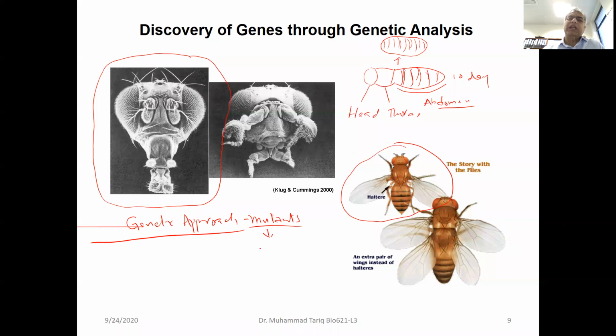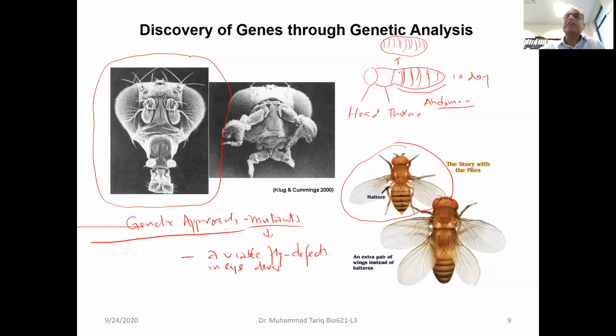Our ideal mutant is a viable fly, a living fly, viable fly, which has defects in eye development, and the rest of the body is fine. It's fully normal, rest of the body.